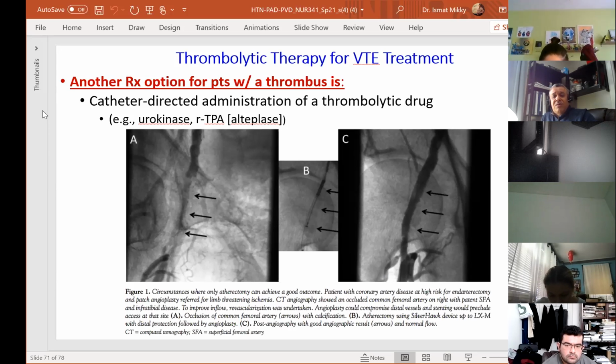So thrombolytic agents like TPA, urokinase, alteplase, these are like the brand names for the TPA. It directly dissolves the blood clot.